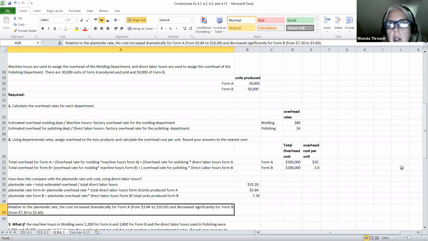Or eventually, what if we do it activity based? What are the differences? And when would we use plant-wide and when would we use department-wide? But plant-wide could be used if you are not producing a whole lot of diverse products. And there's another rule about the total amount of factory overhead that we'll be discussing at some other point in time as we go through these problems. So they're just trying to get you to compare what's happening here.